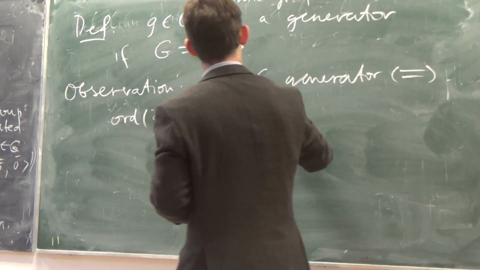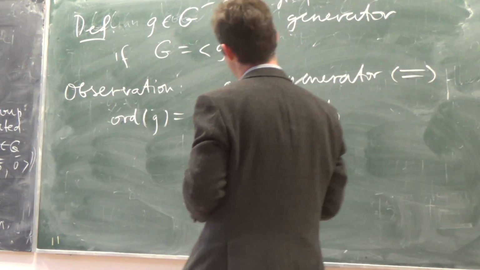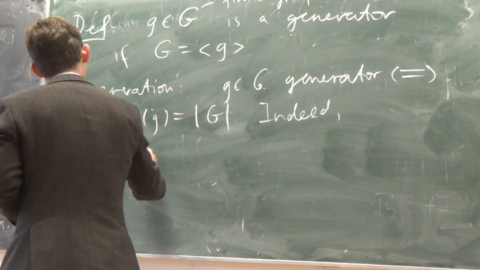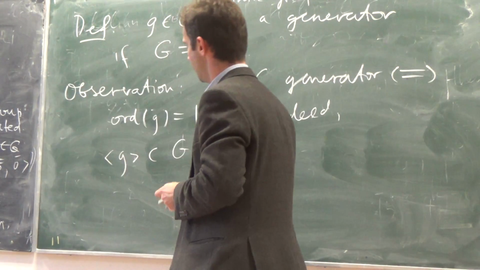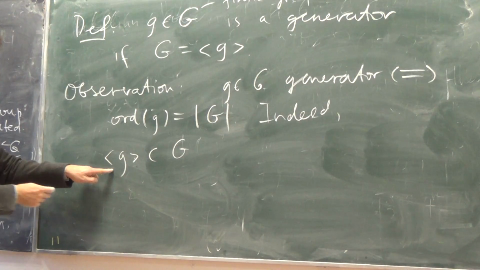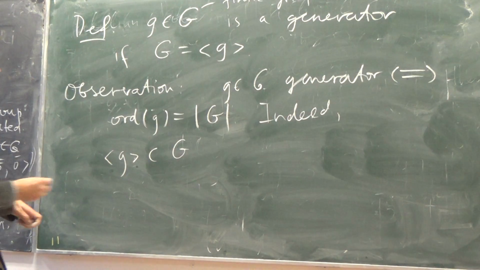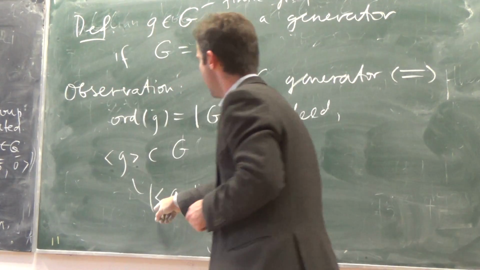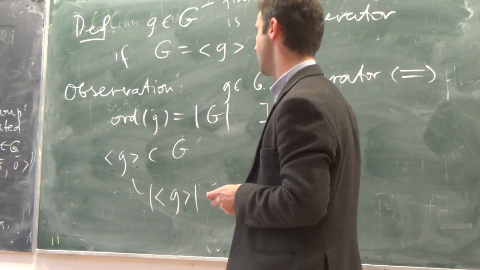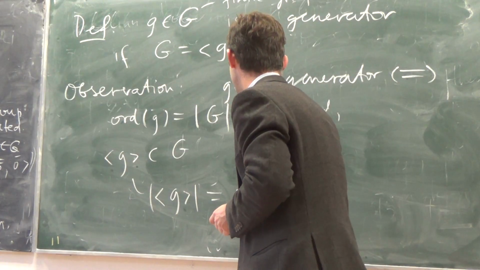We can explain this: indeed, we have this subgroup, and the number of elements in this subgroup is equal to the order.